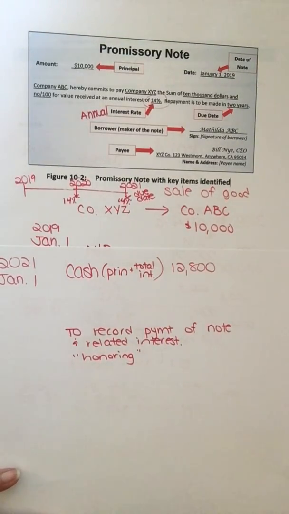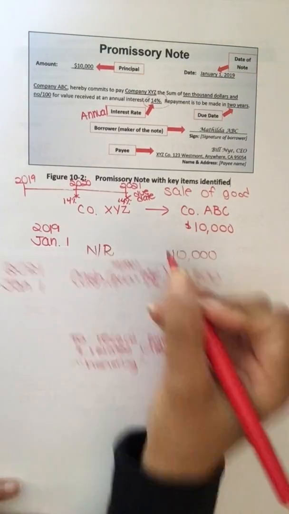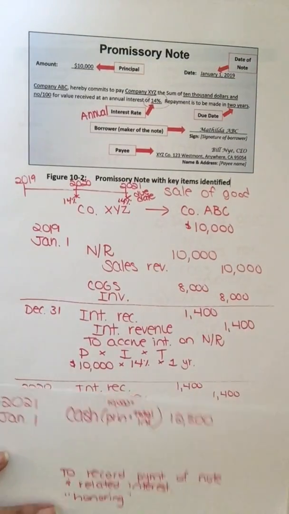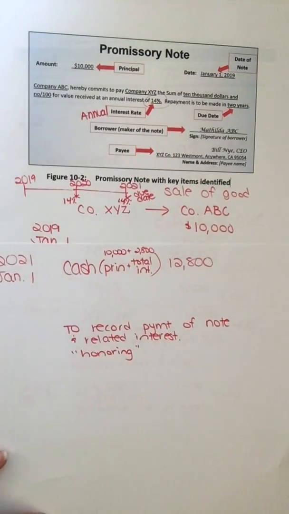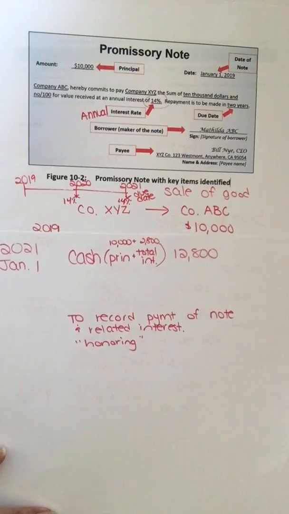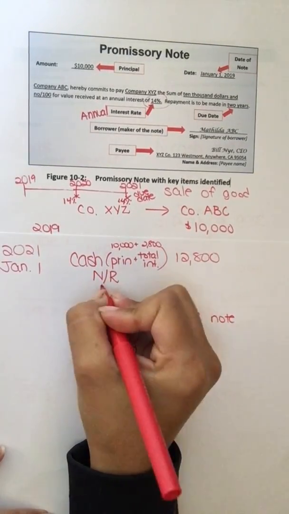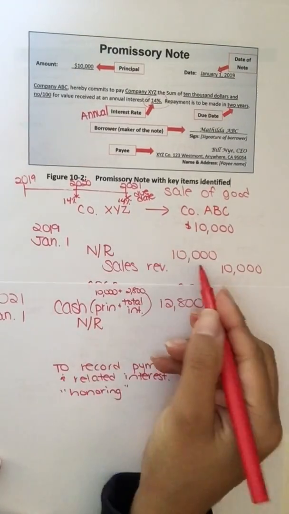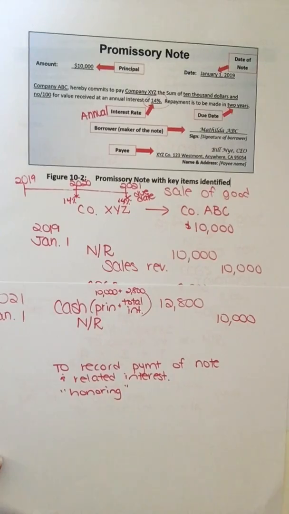All right, that was your principal of $10,000 plus 2 years worth of interest. Okay, that's how we got that. What is that customer paying off? They're paying off their note. The note's always recorded at principal. We got to get it out of there, so we're crediting it for $10,000.